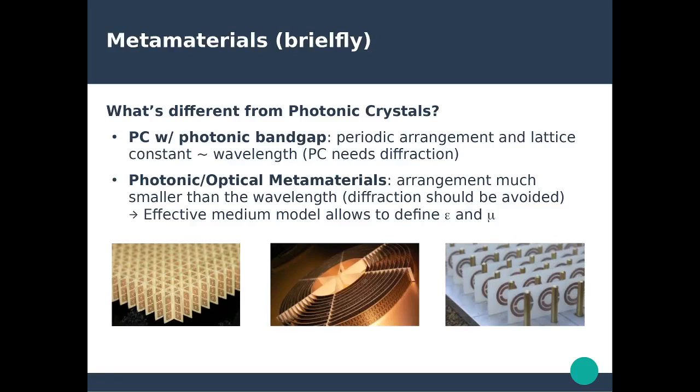The separation distance between the elements is much smaller than the wavelength of the electromagnetic excitation being used, so diffraction in that case should be avoided. That's why they can be treated as an effective medium, and you can calculate an effective dielectric permittivity and magnetic permeability for this type of metamaterial.